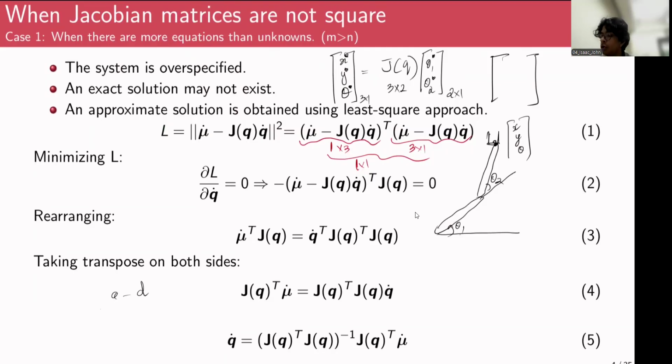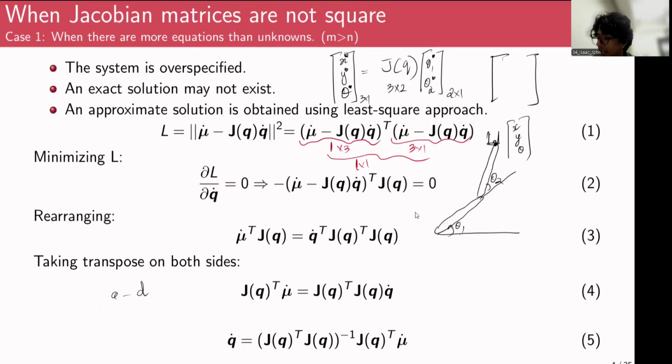Now your objective is to find out a Q dot, or the control input, such that the objective function is minimized. To find the control input Q dot so that the objective function is minimized, you have to take the derivative of this objective function with respect to the control input and equate it to 0.